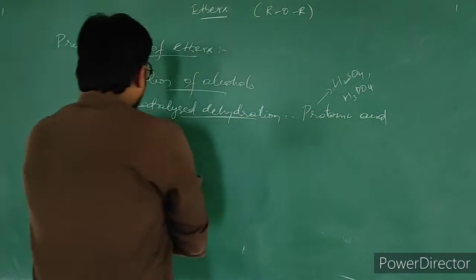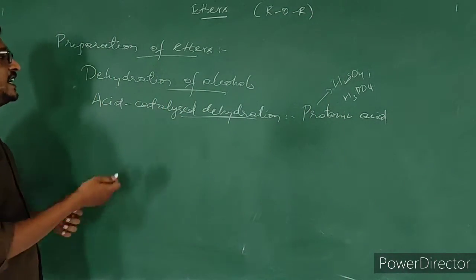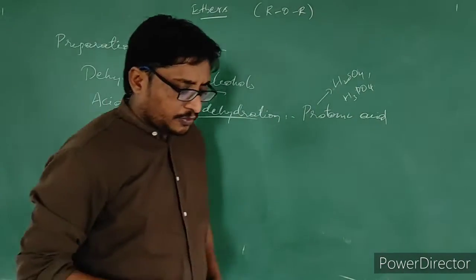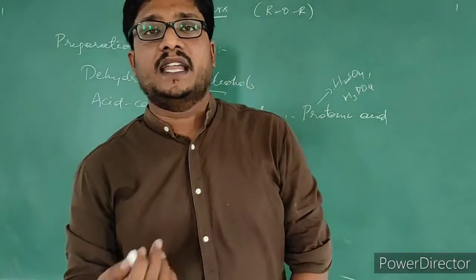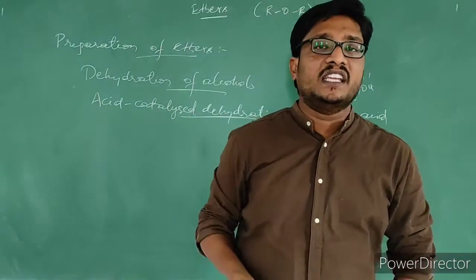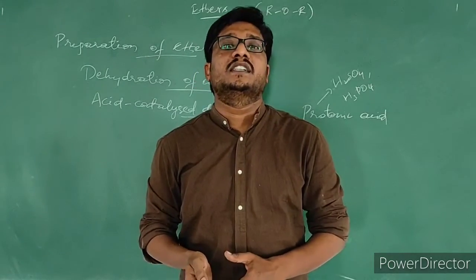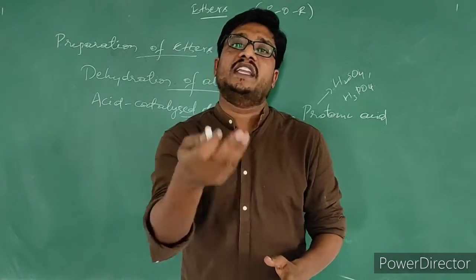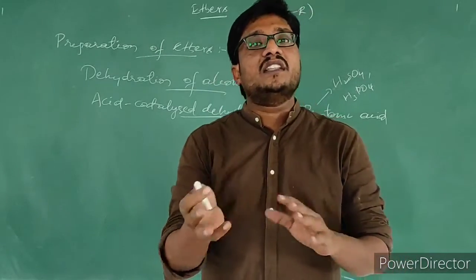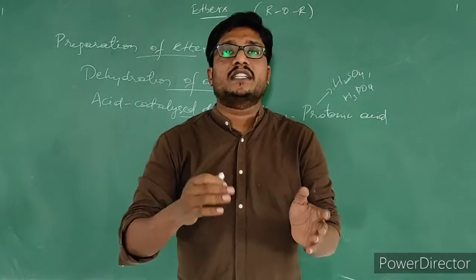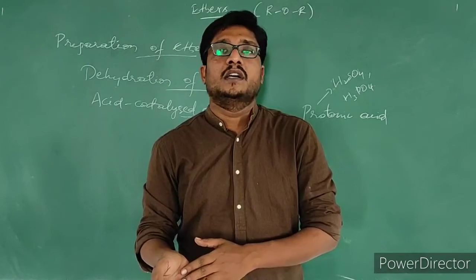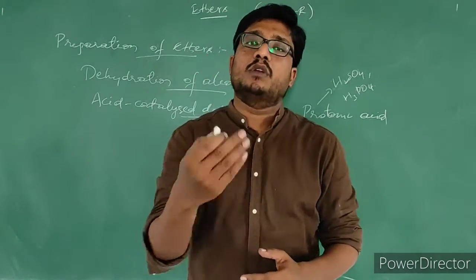We will take one of these as the acid for this dehydration process. When we do dehydration of alcohols, two types of products can get produced: one is alkene, the other is ether. Which product we get depends on the reaction conditions. When we change the reaction conditions, the product also changes.